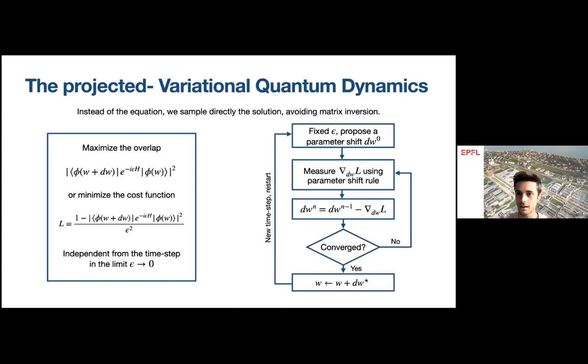And the algorithm has the following structure. We start with a fixed time step. We propose a parameter shift, and then we measure the gradient of the loss function using what is called the parameter shift rule.